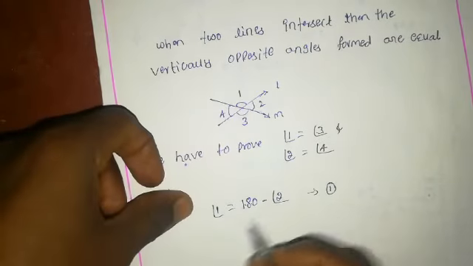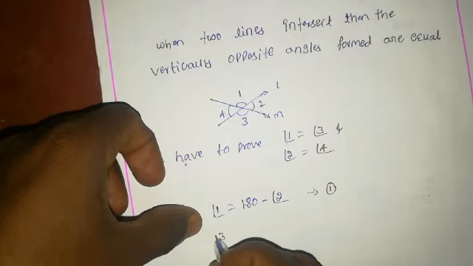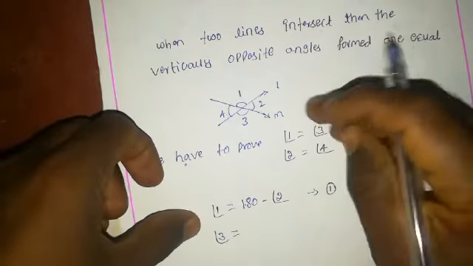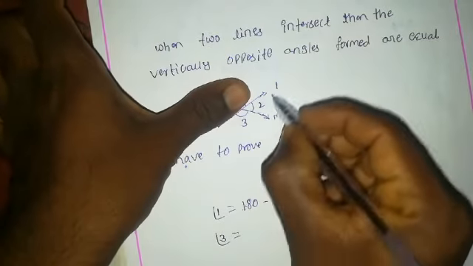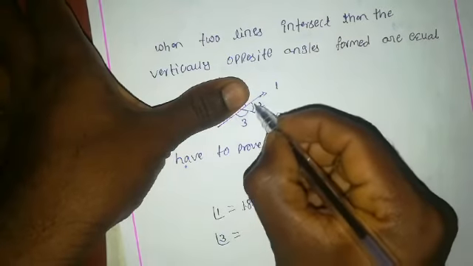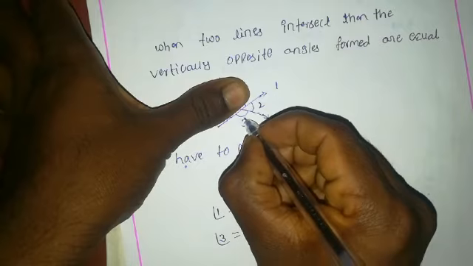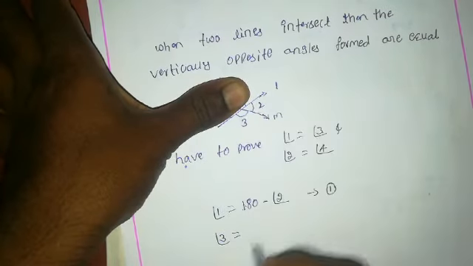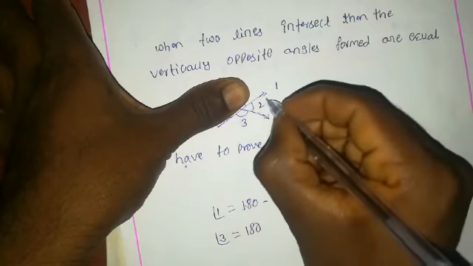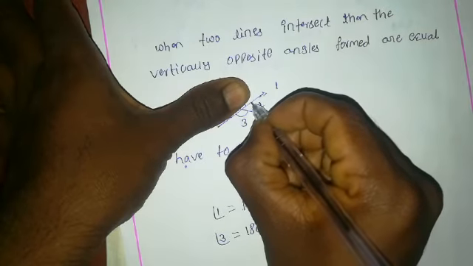Now we have to find angle 3. We look at this figure, this is a straight line. The straight line is 180 degrees. In this straight line we have to subtract angle 2.